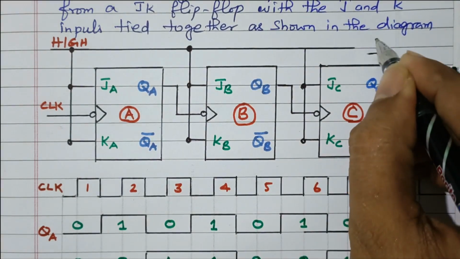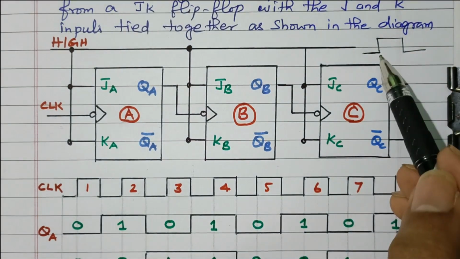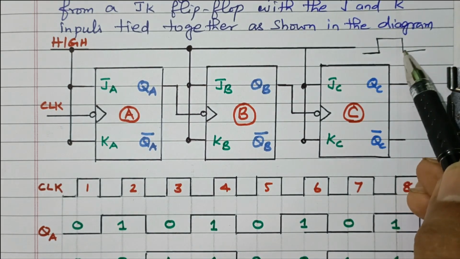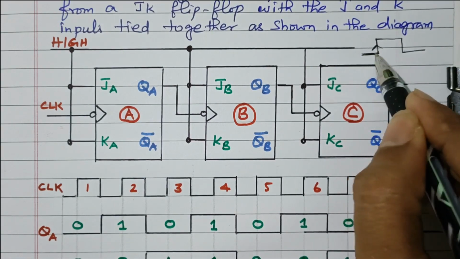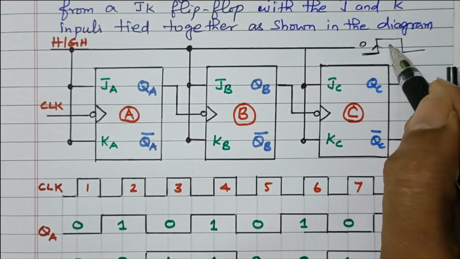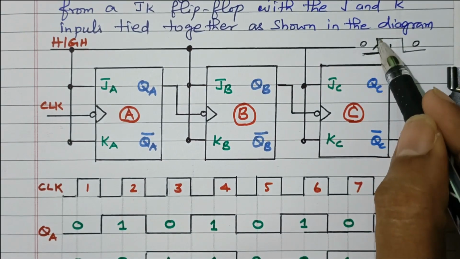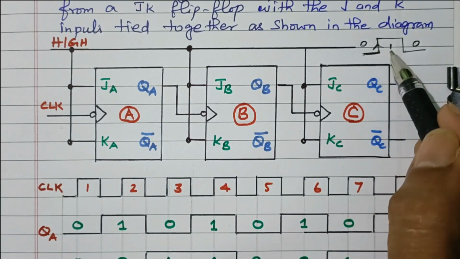Now we'll see what complementing the clock pulse means. Let us consider this is the clock pulse. There are 2 types available, positive edge triggered and negative edge triggered. This is called positive edge trigger: when the clock pulse changes from 0 to 1, the rising edge, the signal will be applied to the flip-flop.